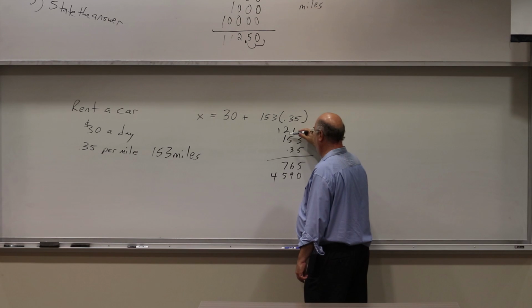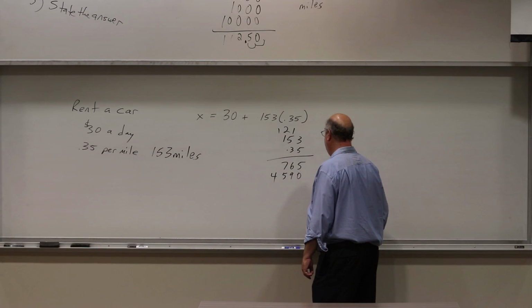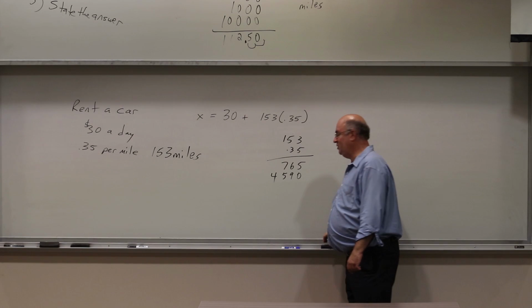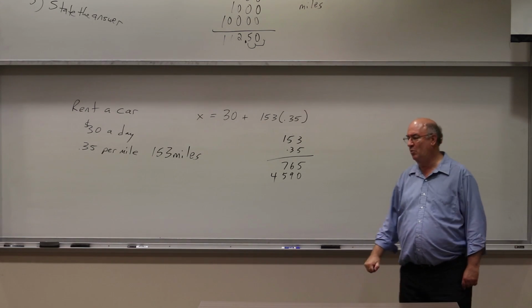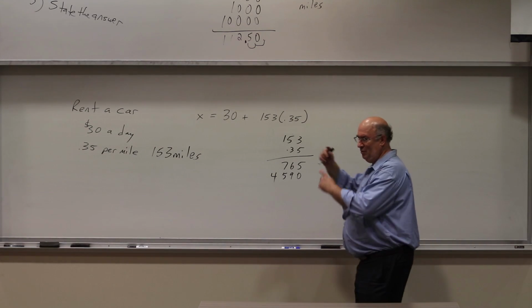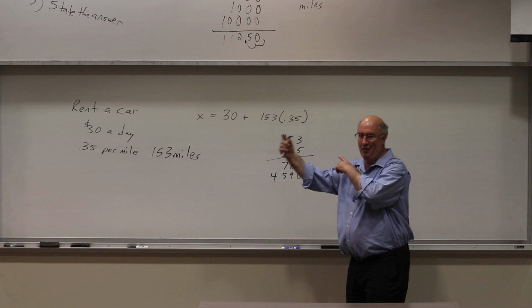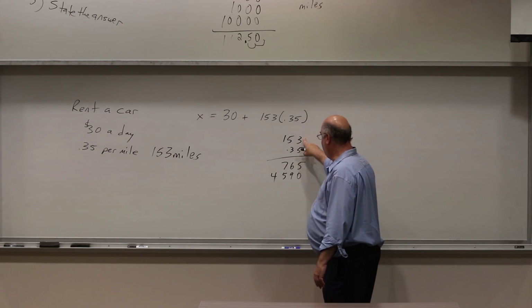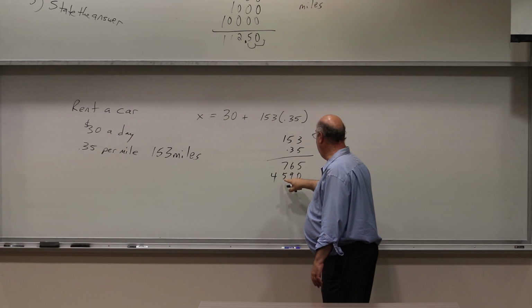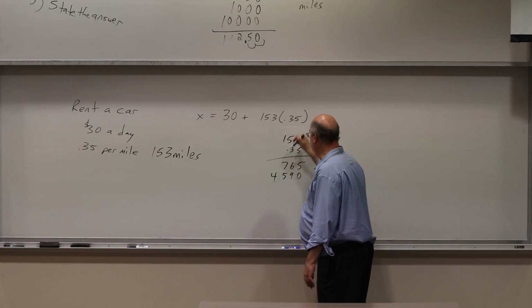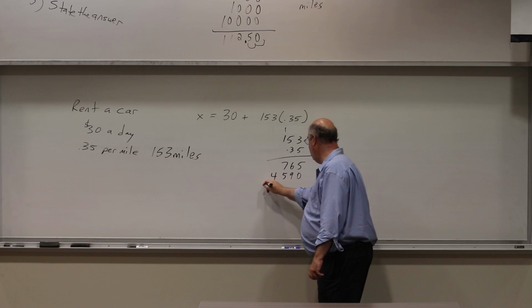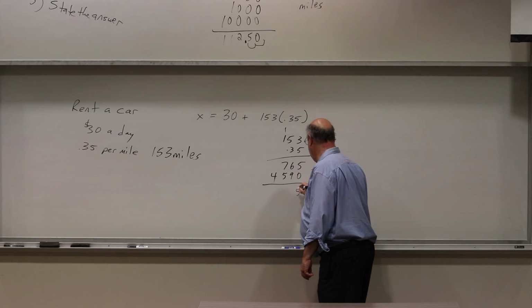Carry the 2, 5 times 1 is 5, plus 2 is a 7. Okay, now we'll go erase our numbers. We got 765 right. We'll go to our next group. We don't want to get all the numbers mixed up that we're carrying over. Okay, drop a 0. 3 times 5 is 15, carry the 1. 3 times 3 is 9. 3 times 1 is 3, plus 1 is 4. We're good. Let's add them down.